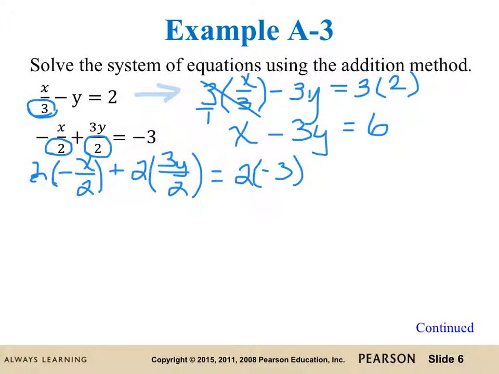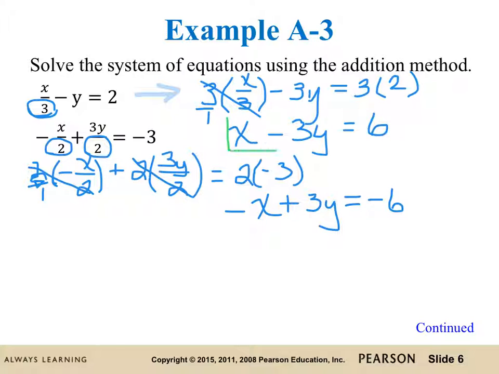And since this is essentially 2 over 1, then those 2's cancel, and this equation becomes negative x plus, these 2's also cancel, 3y equals negative 6.